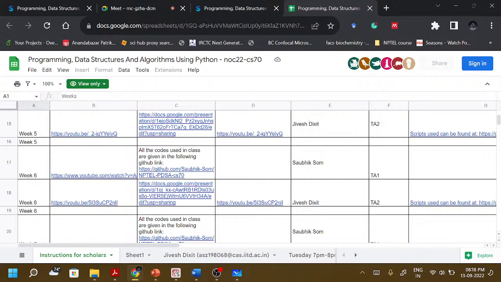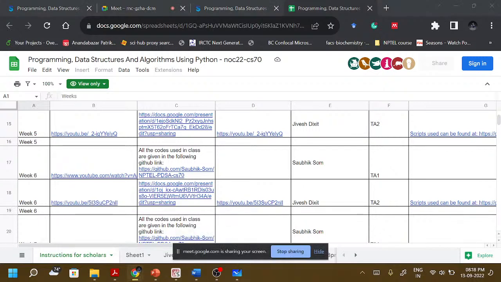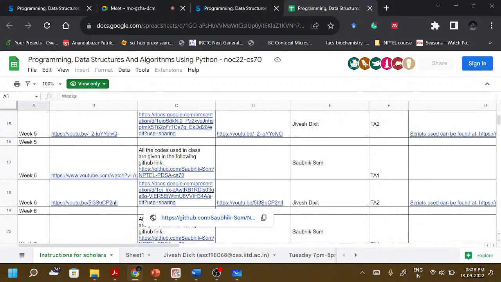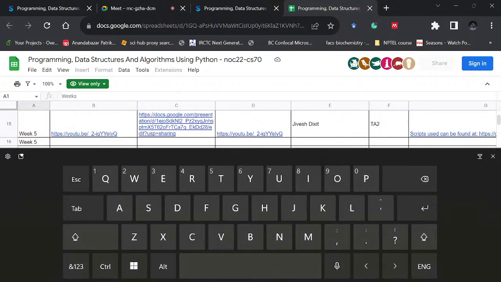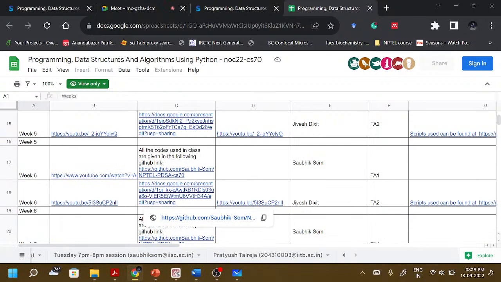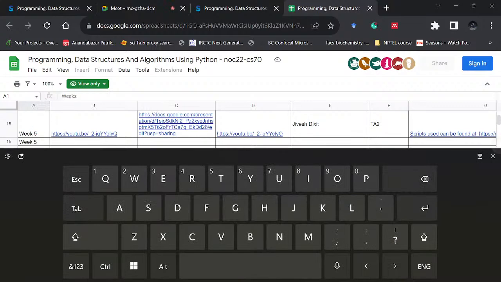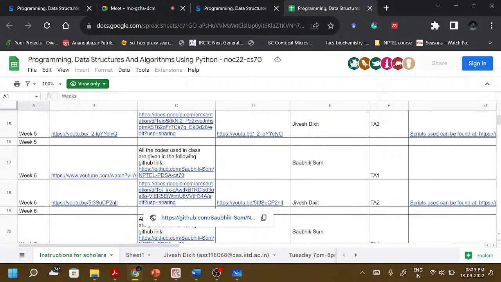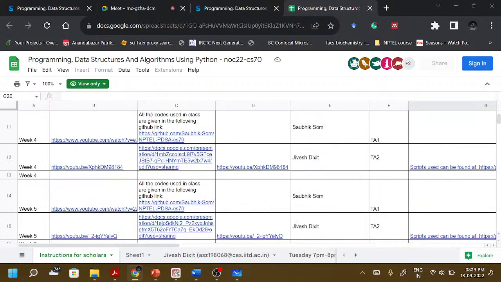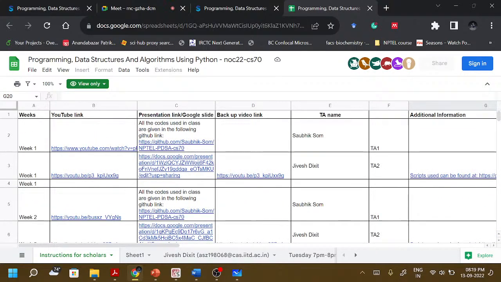Excuse me, sir, I have a doubt. Actually, there are different sheets. After instructions for scholars, there is a sheet for Jivesh Dikshit sir and then Pratyush sir. Always follow these instructions for scholars; this is the main sheet. Earlier it was showing only YouTube, but we included this a week or two ago.